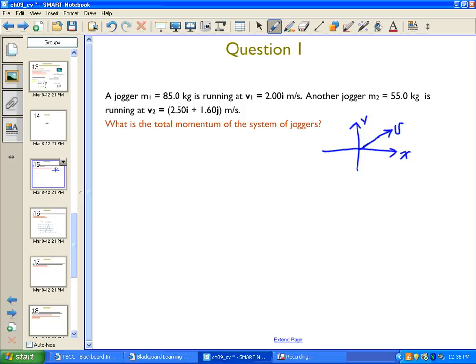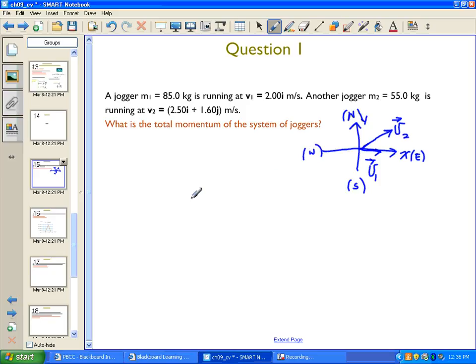So rather than just along the X direction as jogger 1 seems to be doing, and this might be east, for example, north, west, and south. So in other words, the street is actually a two-dimensional plane, and so not everything moves in one specific direction, such as east, west, north, or south.